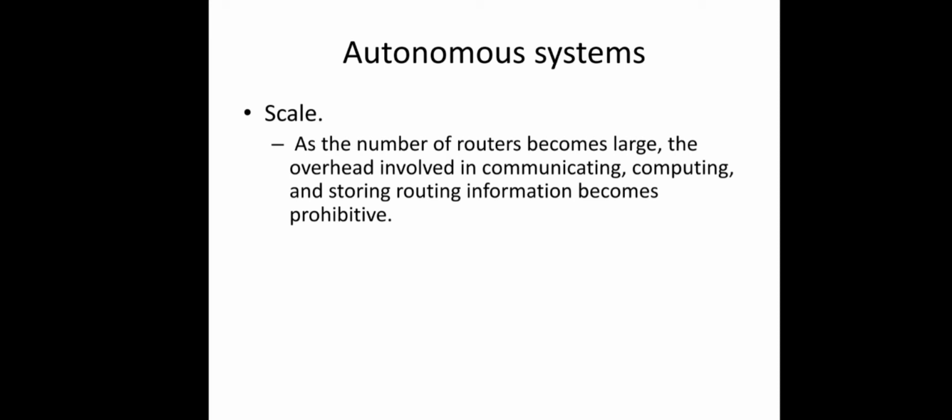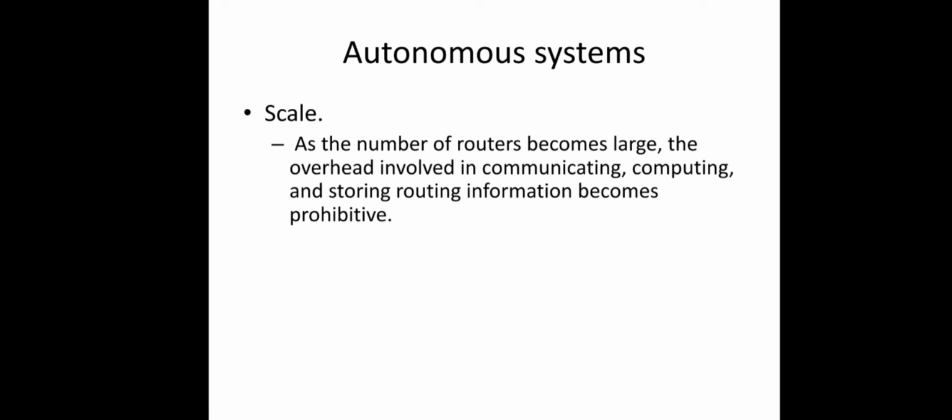A routing table should be there, and they have to exchange information periodically about all the other routers. Today's internet consists of hundreds of millions of routers. So storing routing information for all possible destinations at each of these routers would definitely require an infinite amount of memory. And also the overhead required to broadcast link state packets will be a very complex task, right?